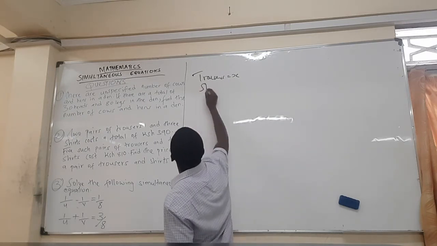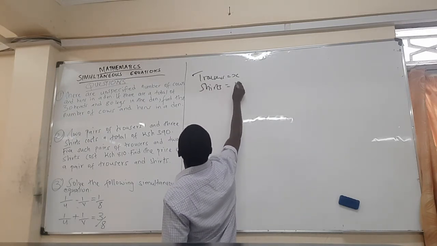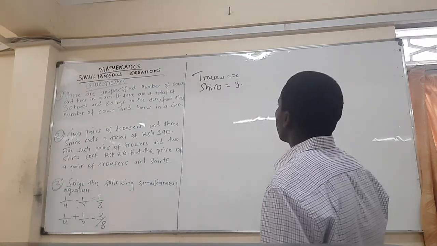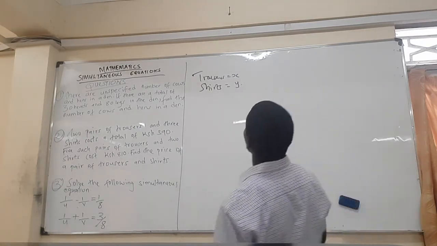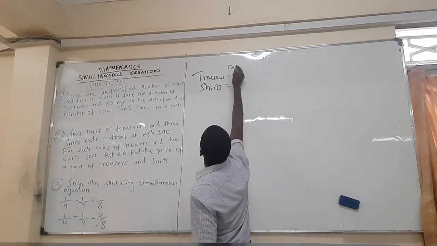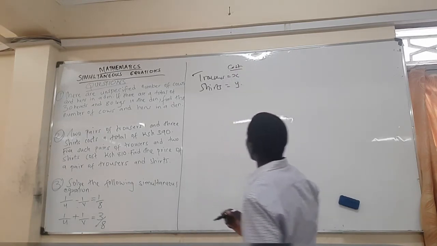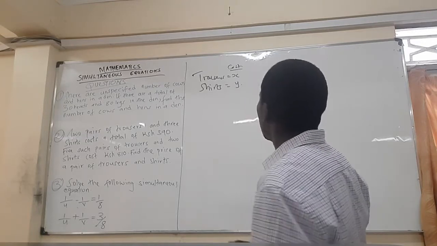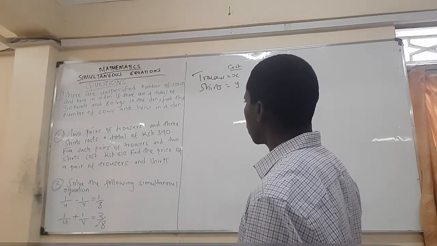Then the shirts we can give y. So let's say this is the trouser cost. This is our cost of a trouser. One trouser costs x Kenya shillings, and the shirt costs y Kenya shillings.